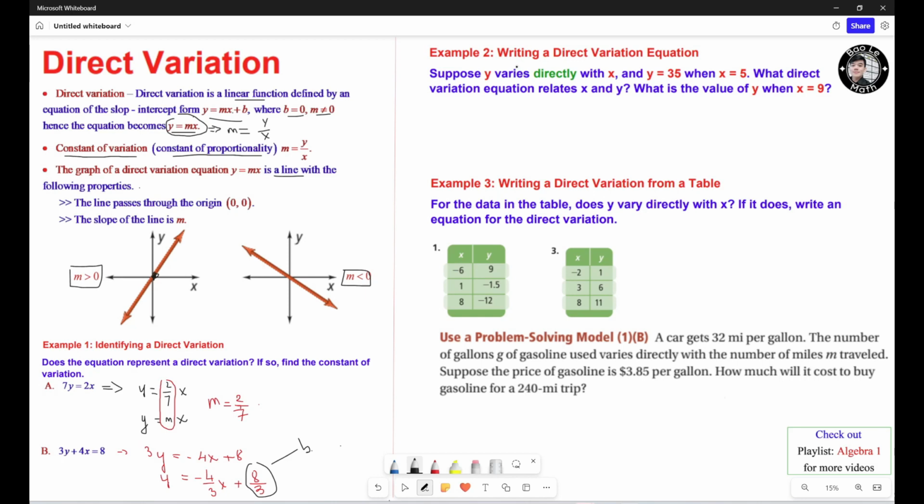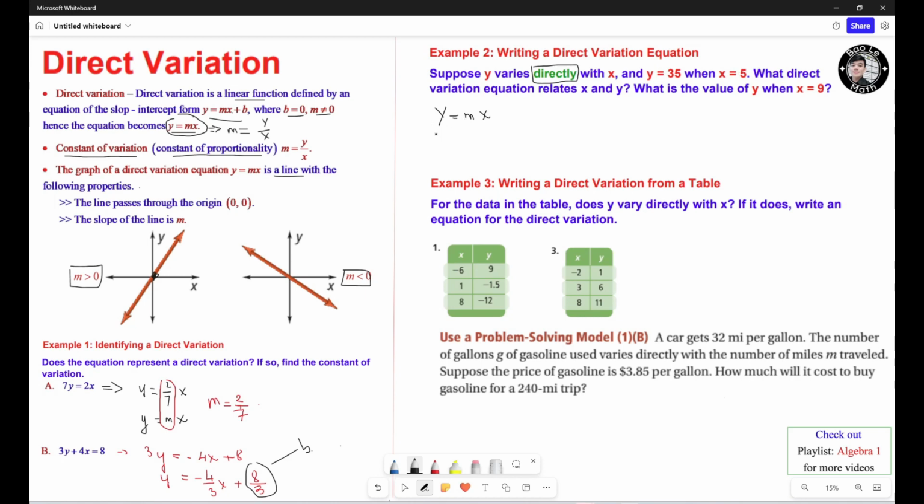Alright, move on to example number 2. Write a direct variation equation. Okay, we know that y equals mx. Now, suppose y varies directly with x, and when y equals 35, x equals 5.